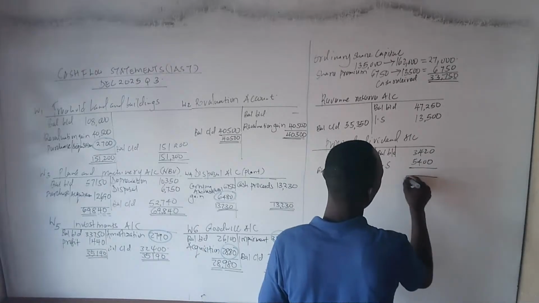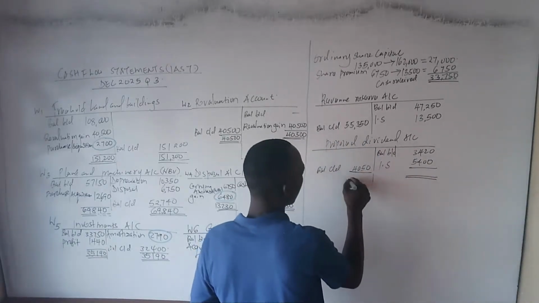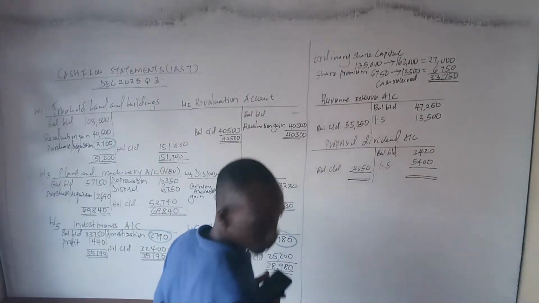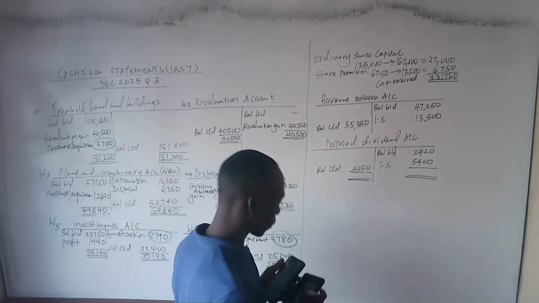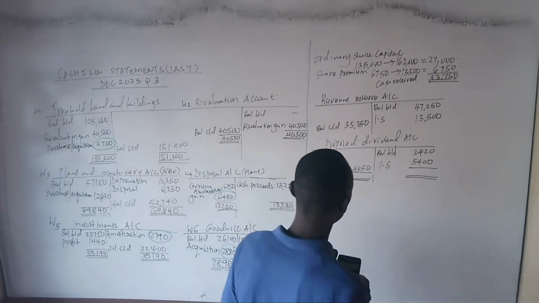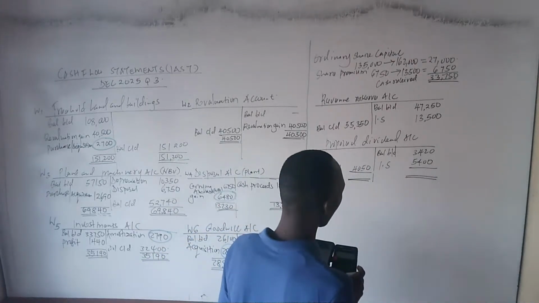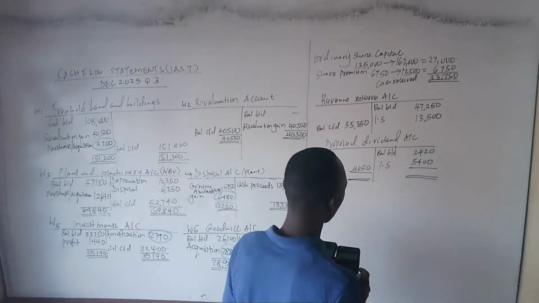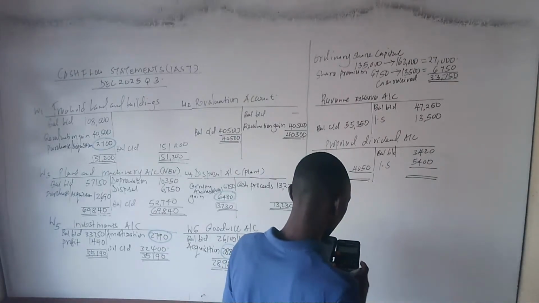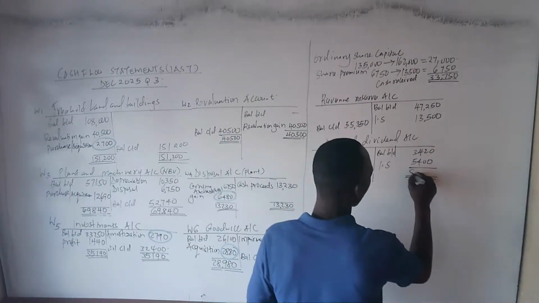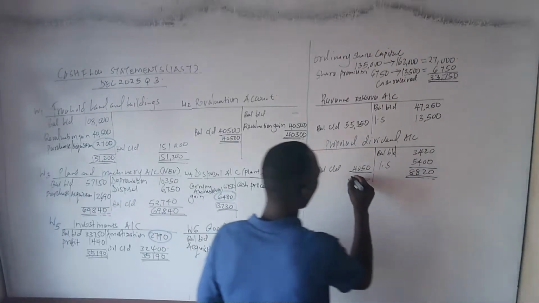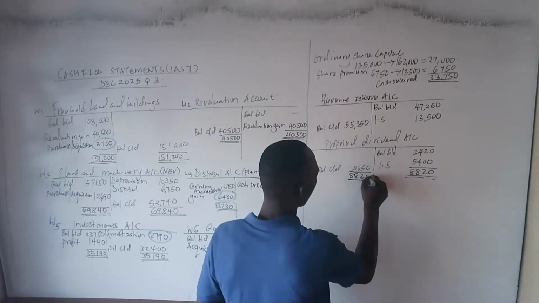Then let us see how much was paid in cash. So to get the cash dividend paid, it will be 3420, then we add 5,400, and we get 8820. Here also we get 8820.